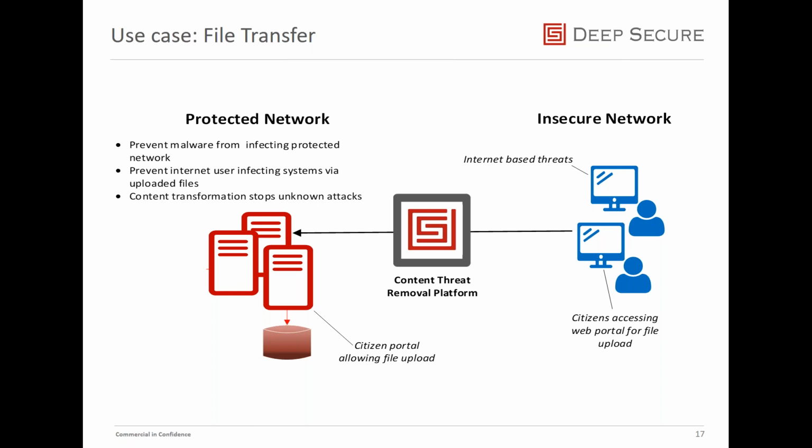Deployed like this, the content threat removal platform will transform each inbound PDF. In doing so, it prevents malware from infecting the protected network, and specifically it prevents the threat actor from infecting systems. In short, the process of transformation stops unknown zero-day attacks.